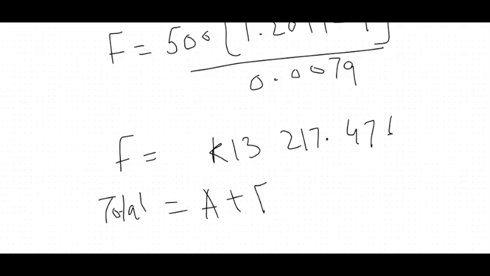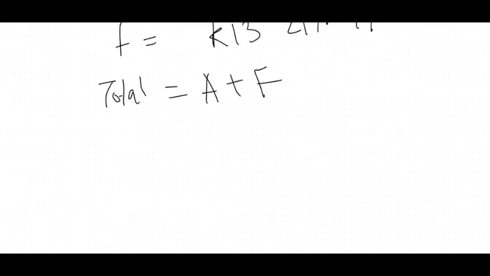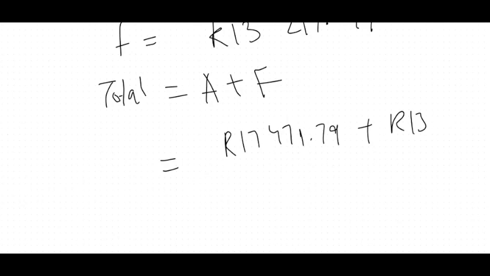So for the value of A, you have R717,471.79 plus R13,217.47.